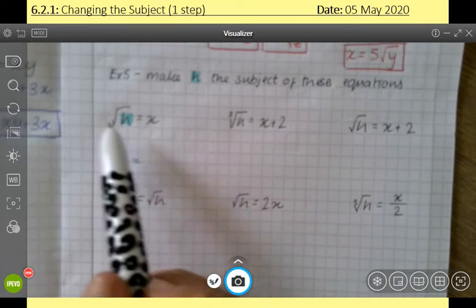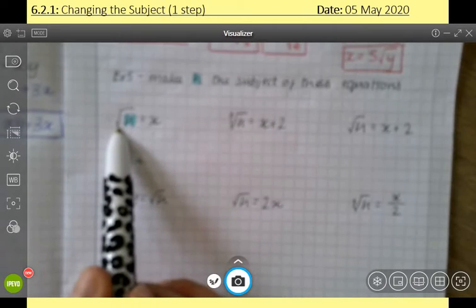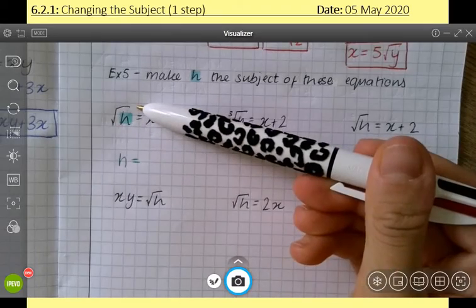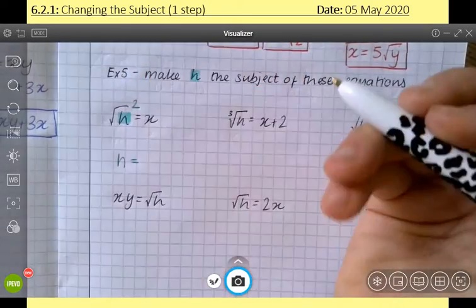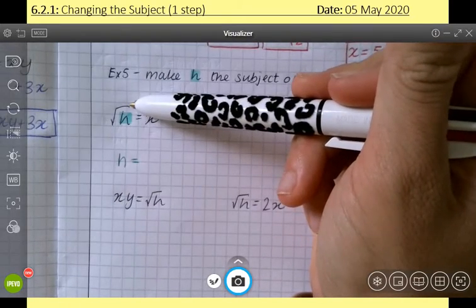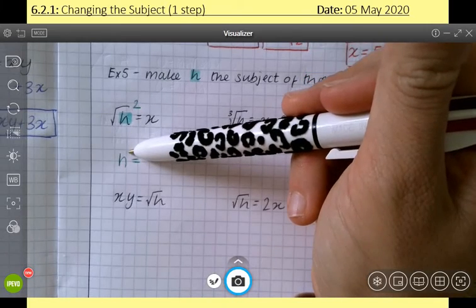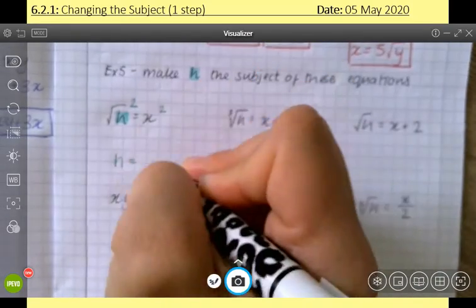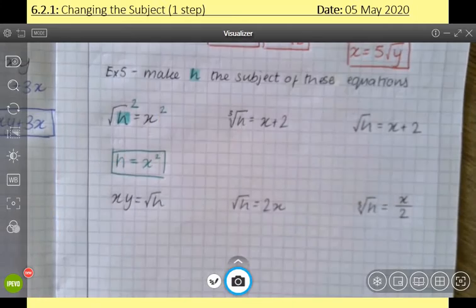So to get rid of this square root here, we have to do the inverse of the square root, which is the square. When we square a square root, they're the opposites of each other and they cancel each other out and leave us with H. But whatever I do to one side, I have to do to the other. So I'm going to square both sides and I get H equals x squared as my answer.